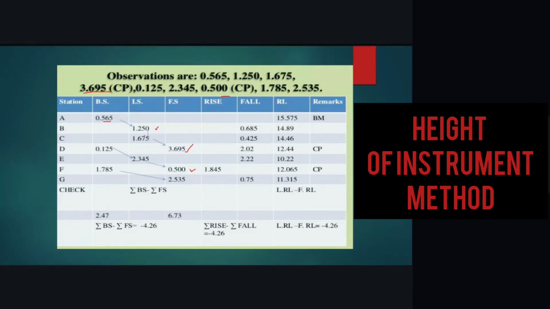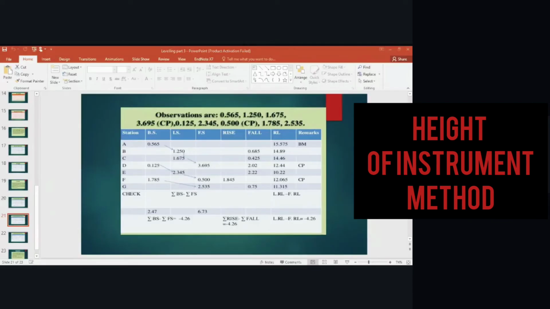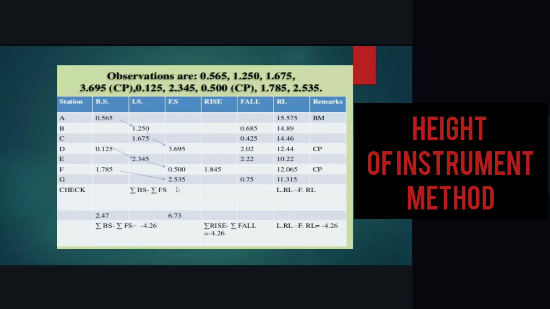So it will be written in fall. Right. So you have got minus 0.685, which is a negative value, and you have to write it in fall.